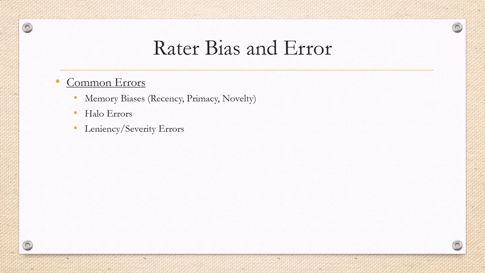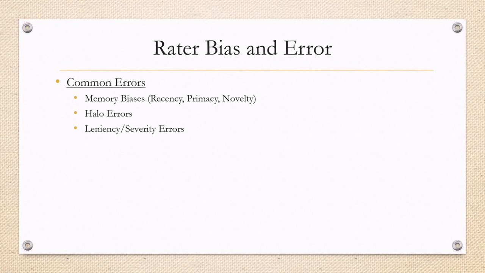Leniency and severity errors. The rater uses only the favorable or unfavorable end of the scale, and this tends to be a stable trait of the rater. It may be a motivational issue that a rater supervisor doesn't want to be seen as being harsh, so therefore will tend to give lenient or positive performance ratings.